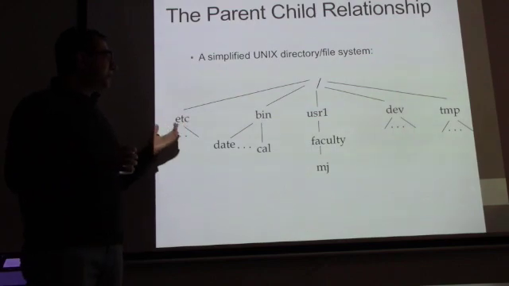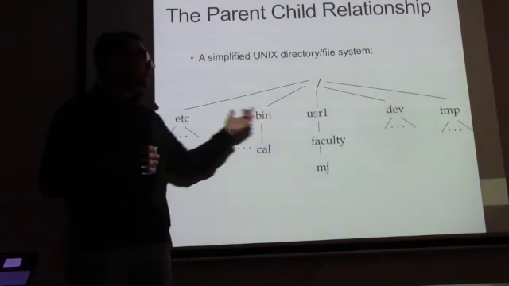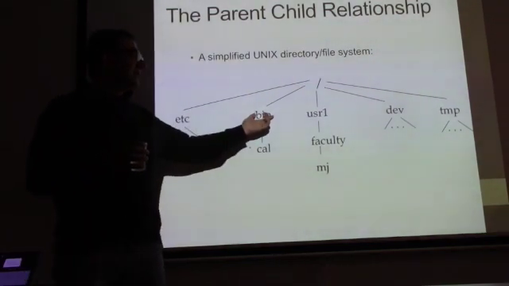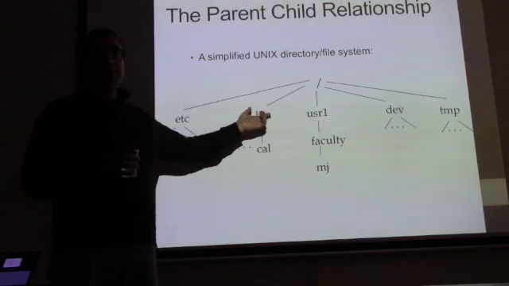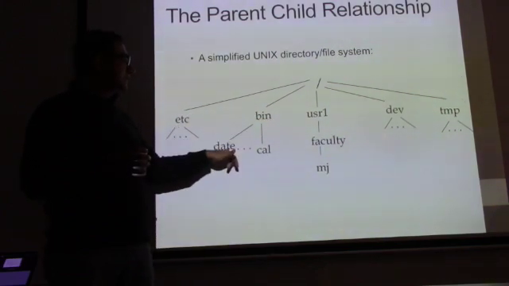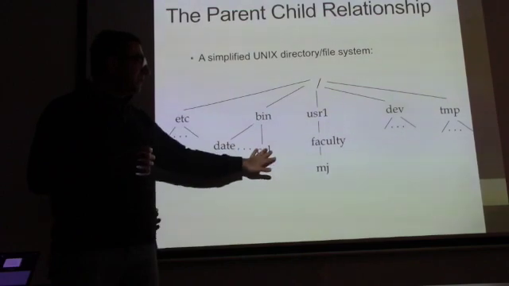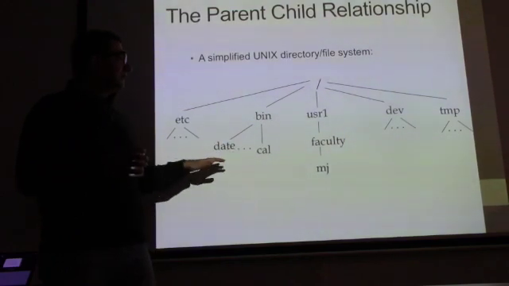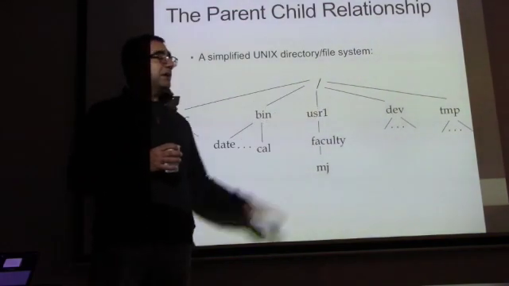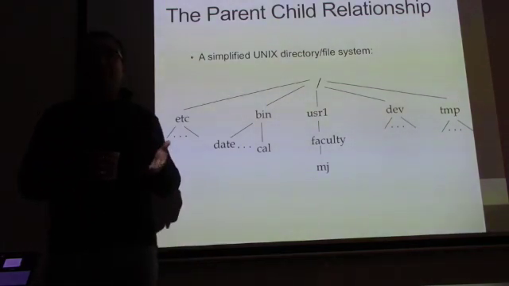Now, usually, each of these directories are files. So bin is technically a directory, but it's also a file. Each of these files contain specific other files. For example, the bin directory under the root directory usually contains program files.